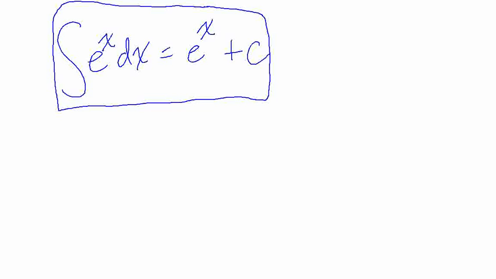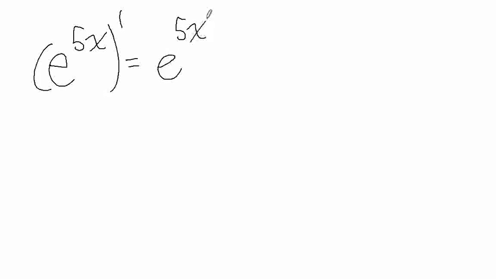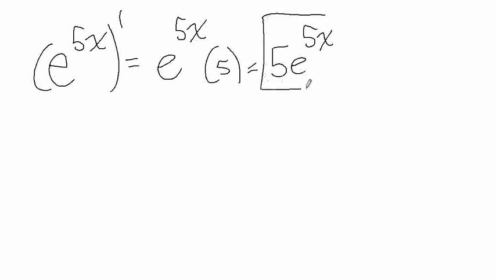Now, let's use these results to calculate some derivatives and integrals. So, what do you think the derivative of e to the 5x is? Well, we have to use the chain rule, so we would get e to the 5x times the derivative of 5x, or 5e to the 5x.